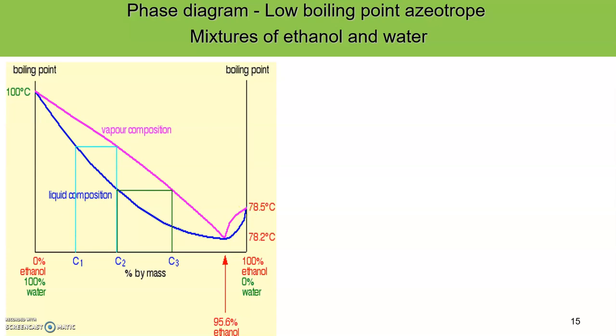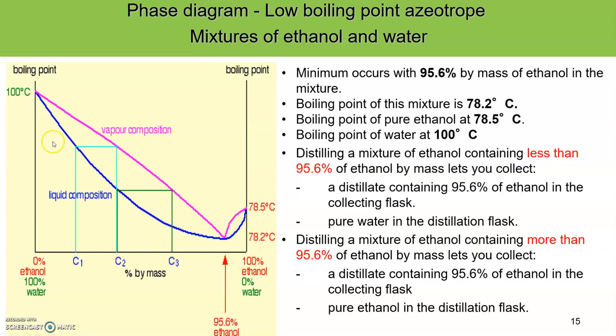So what is the information that we can extract from the graph? The minimum occurs with 95.6% by mass of ethanol in the mixture, where this one.